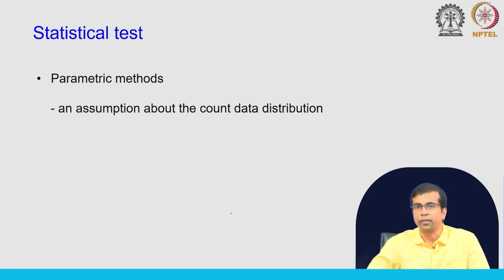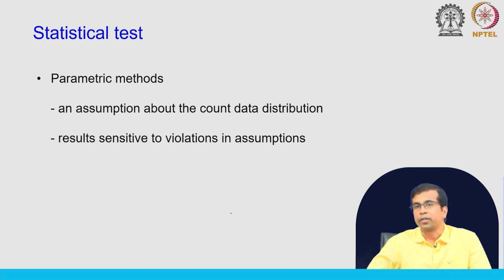Here it is the count data that we are working with, normalized count data, and there is an assumption about the count data distribution. Of course, if your count data distribution differs from this assumption, that might lead to a bit of error in the results. So these results will be sensitive to violations in assumption.